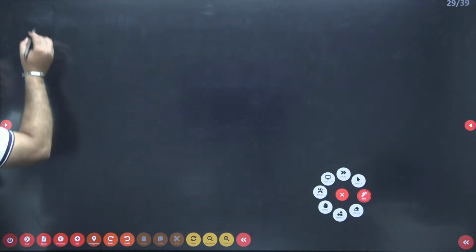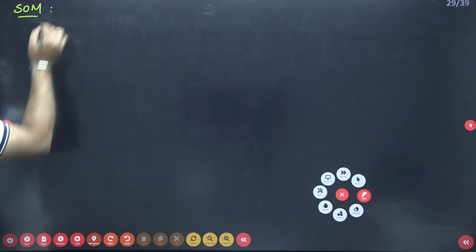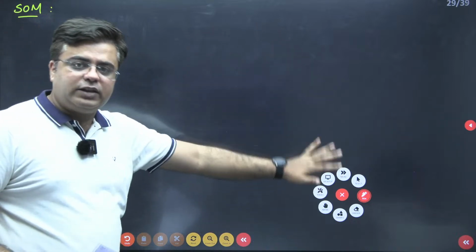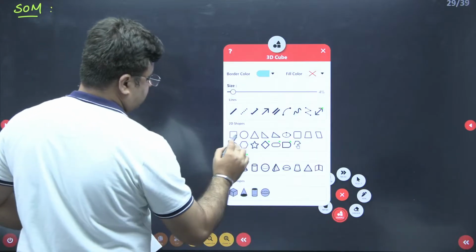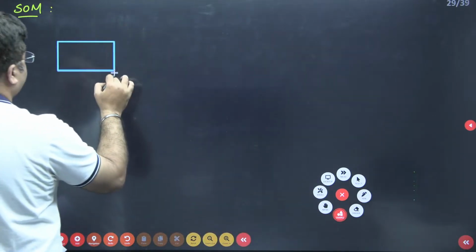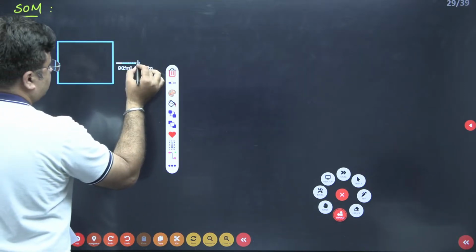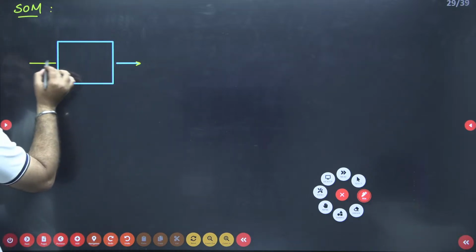Next question for SOM is, some state of stress is given to you. A state of stress is given in column 1 and you need to match it with the Mohr circle. So the first state of stress is given to you like this. You have this normal stress acting like this.